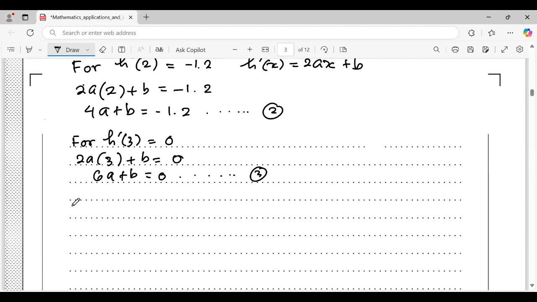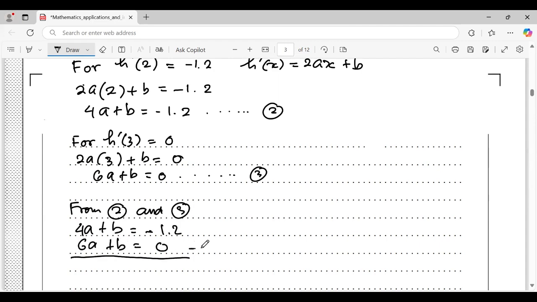Next, from the second and the third equations, 4a plus b equals minus 1.2, and 6a plus b equals 0. Now, b minus b equals 0.